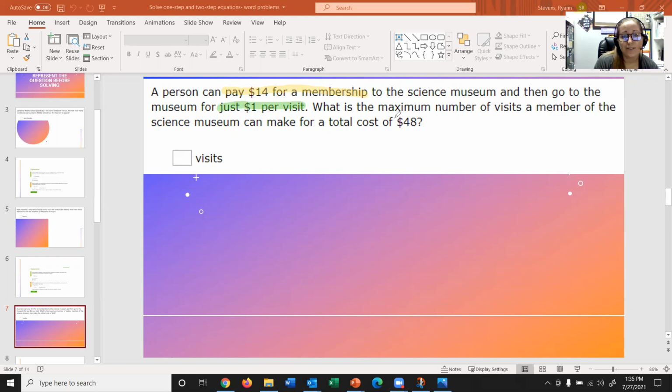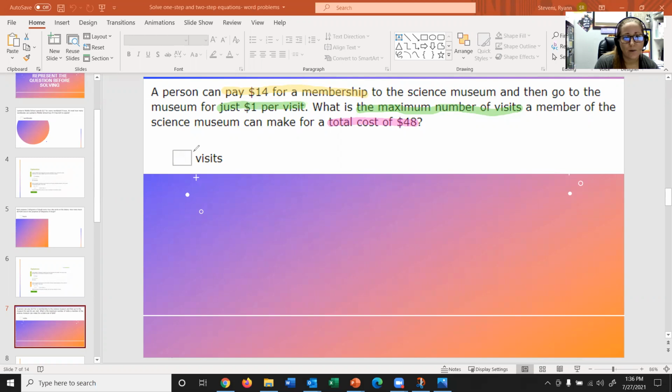And then we can also say that we want to know, and I'm actually going to highlight this in green still because it says just $1 per visit, but then we want to know what the maximum number of visits a member can take to the Science Museum if they're paying $48.